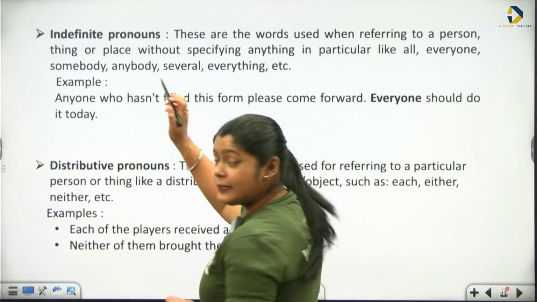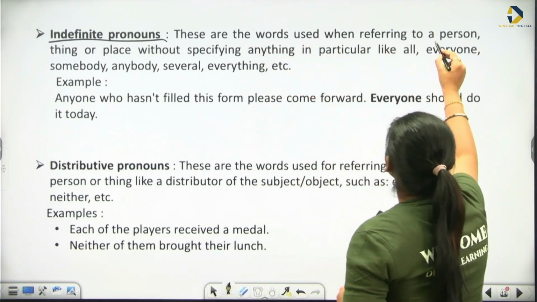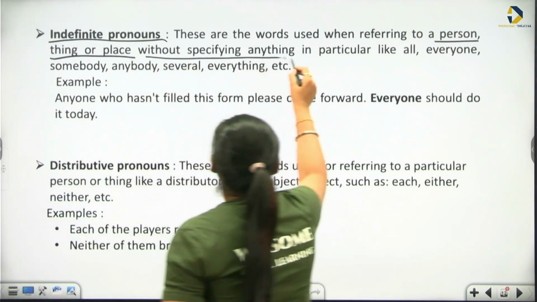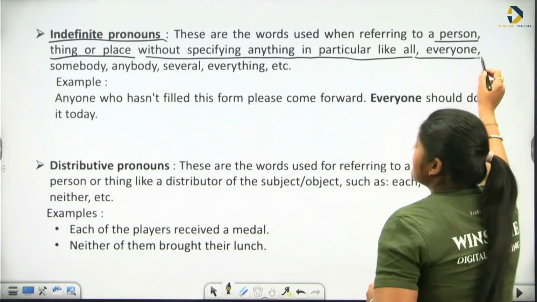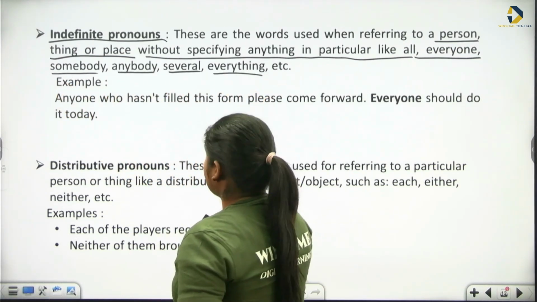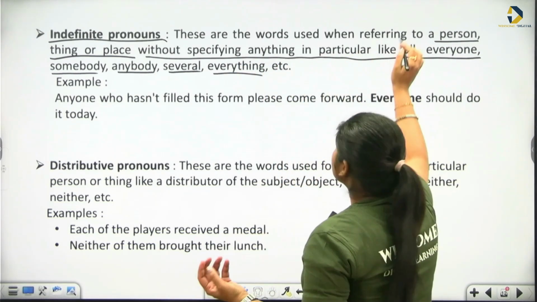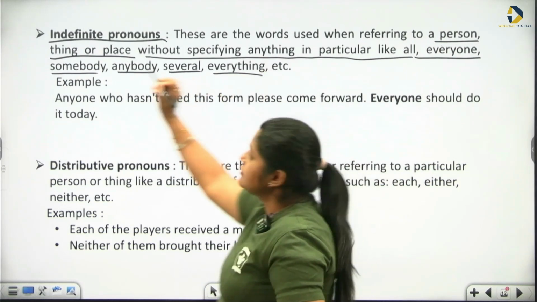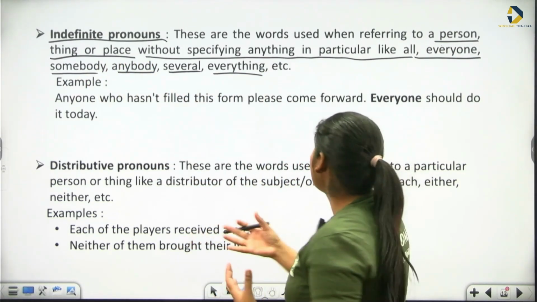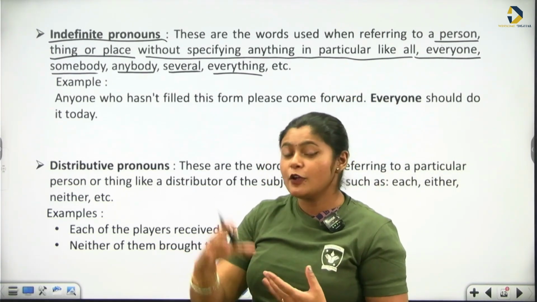Now see, now indefinite pronouns. Indefinite pronouns क्या होता है? These are the words used when referring to a person, thing or place without specifying anything in particular, like all, everyone, somebody, anybody, several, everything, etc. किसी भी person, किसी भी thing और place को हम without specifying, जिसको हम specify नहीं करते, like all, everyone, somebody, every, जब हम ये बोलते हैं we are not specifying a thing.